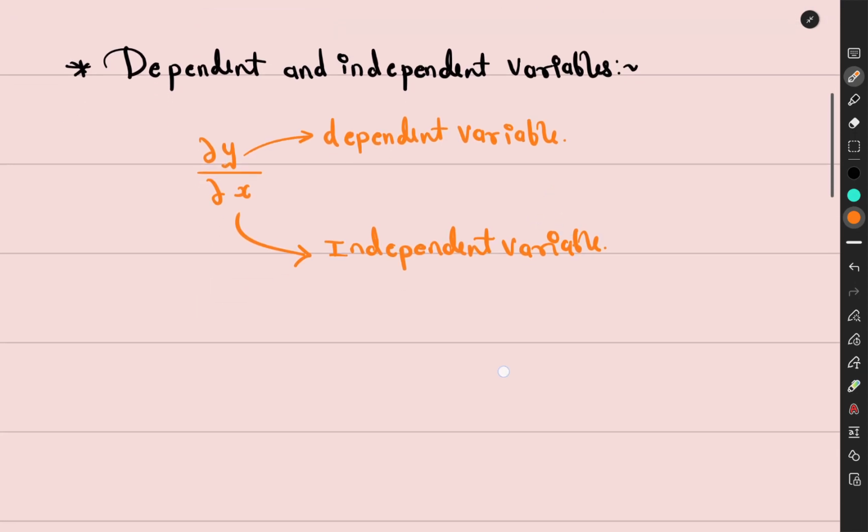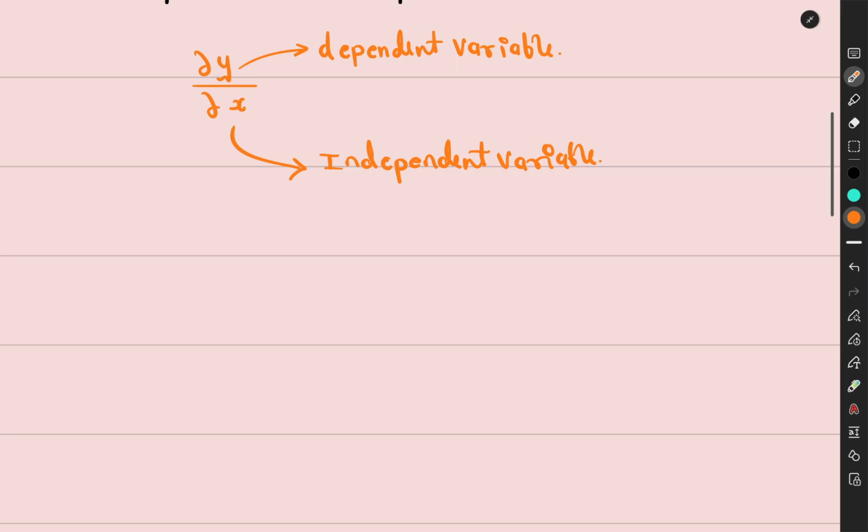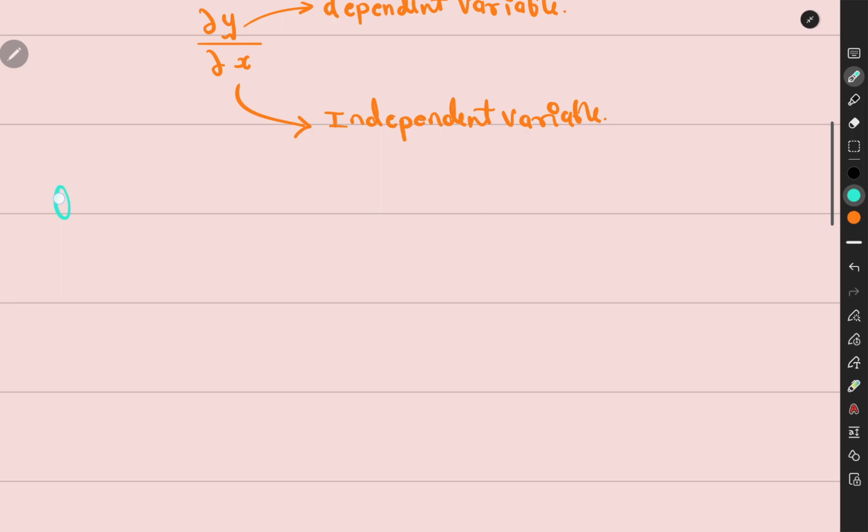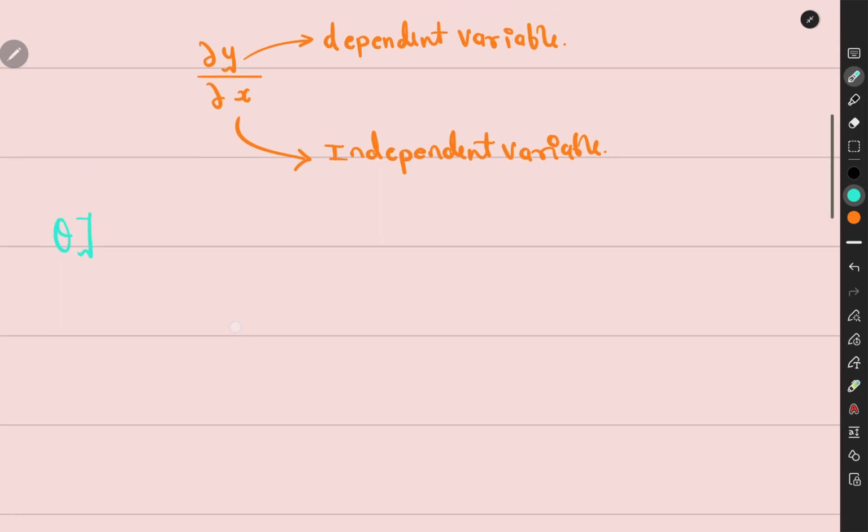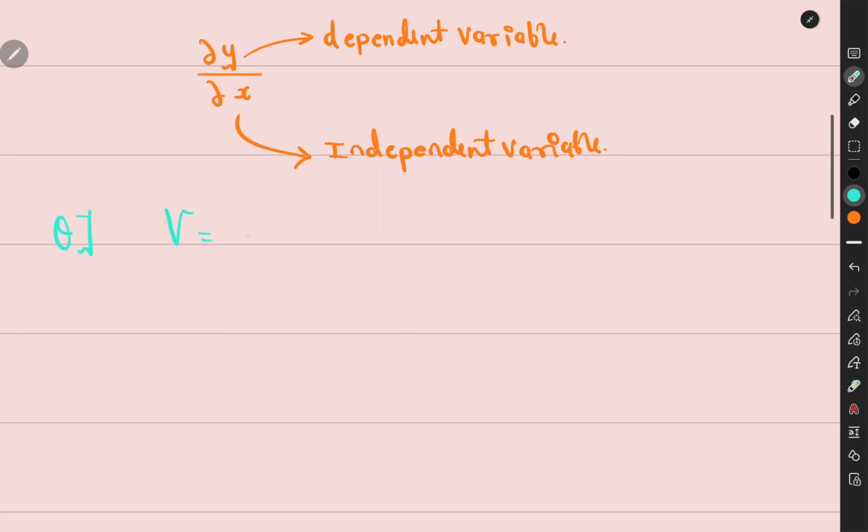Okay, so let's understand this chapter with a simple problem, which is v equal to sin of xyz.